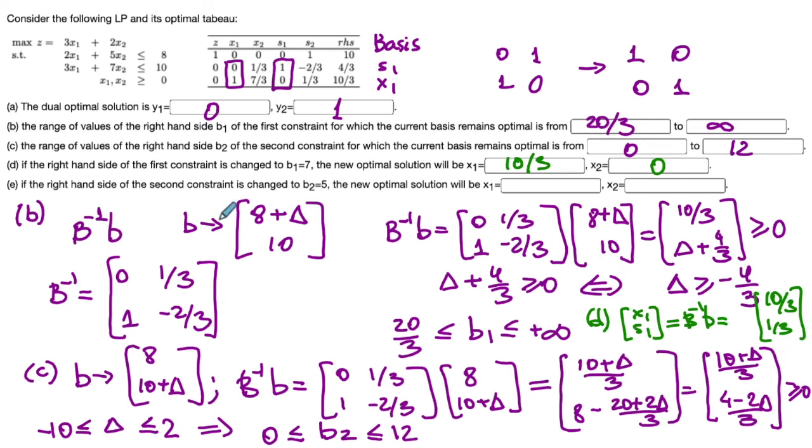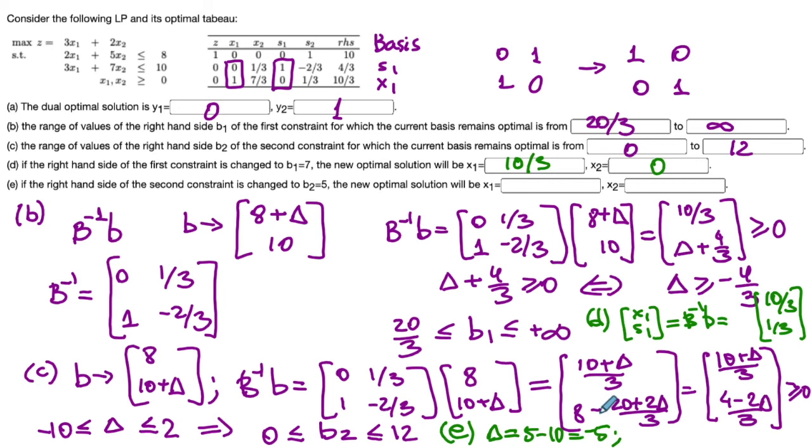Alright, so now finally for part E, we'll look at the change of the right hand side of the second constraint from 10 to 5. So this corresponds to delta given by negative 5. So for part E, you have delta given by 5 minus 10, which is negative 5.